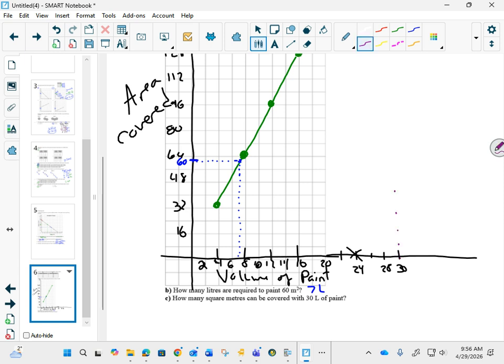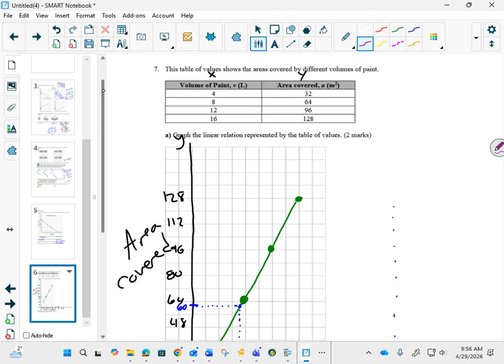And in purple, I would have to go straight up from 30. Oh my goodness. And I would have to extend my line. So this is where I would be like, oh, I might want to redo my scale. Because I'm extrapolating, looks like it bent a little bit.